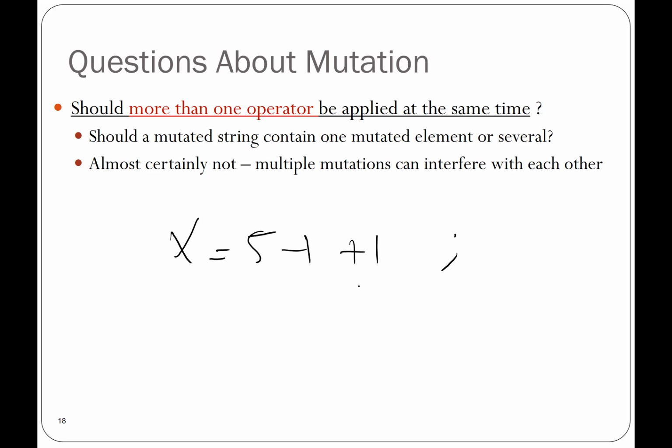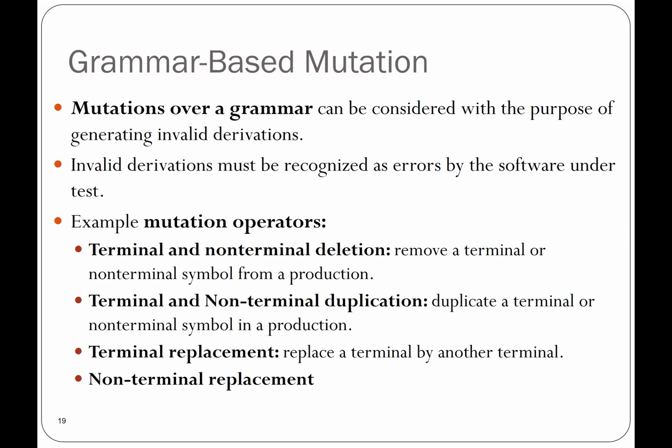You're not wondering, am I seeing this different output because of mutant operator 1 or is it mutant operator 2? You don't want to be in the situation where you're wondering which one exactly is resulting in that different output. Okay, so you might really want to always have one operator being applied at one point only.